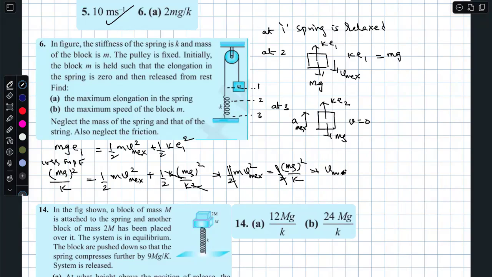So what is v maximum? V maximum is under root mg square by mk. That is the maximum velocity.